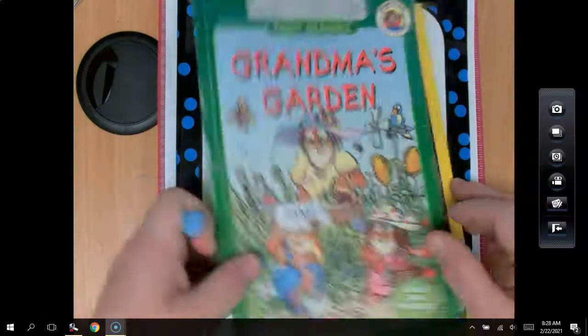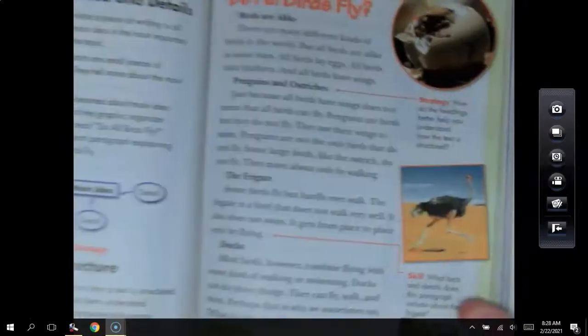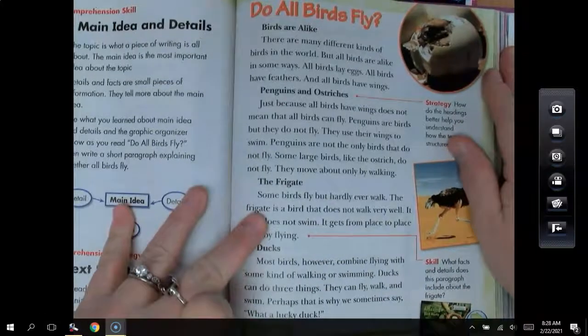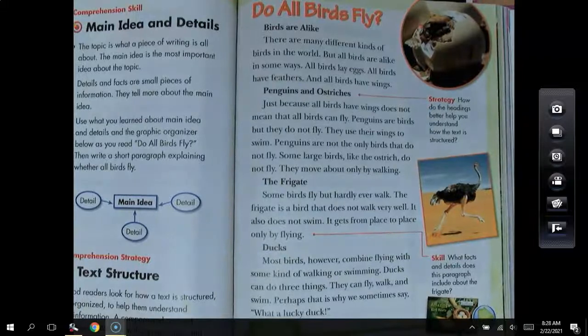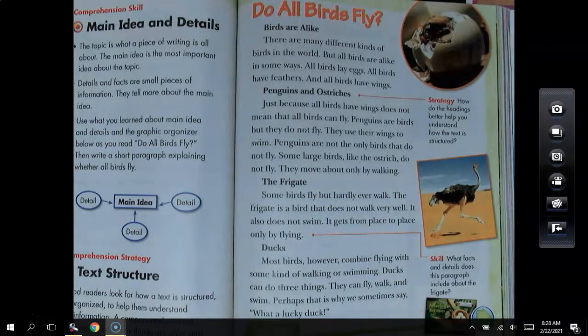All right, let's go ahead and get started. I would like you to turn to page 339. Your page should look like my page. We're going to read this story, Do All Birds Fly? And after we read this story, we're going to be filling out a graphic organizer on our main idea with 3 supporting details.